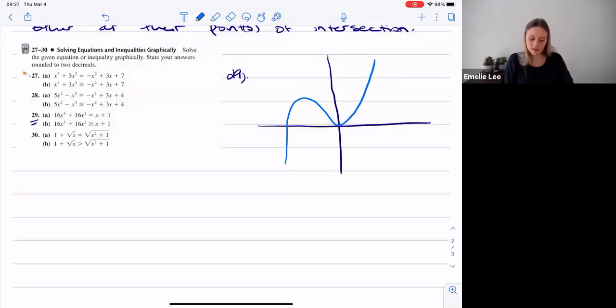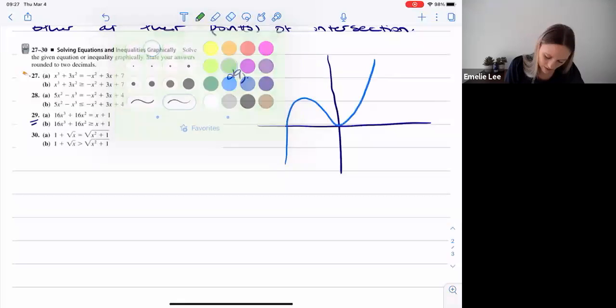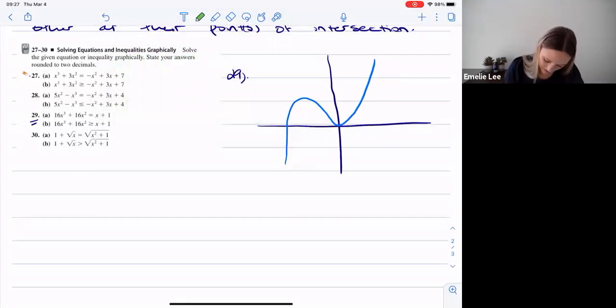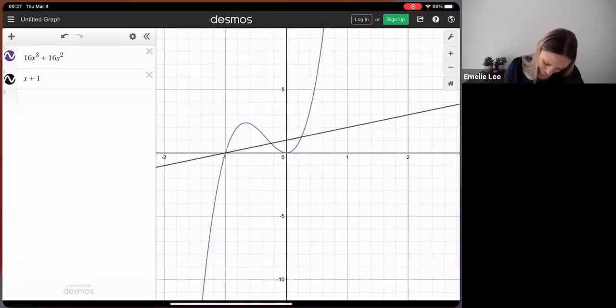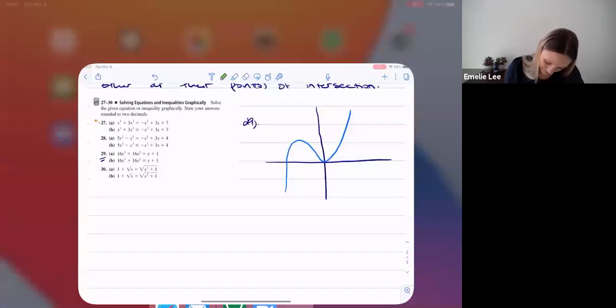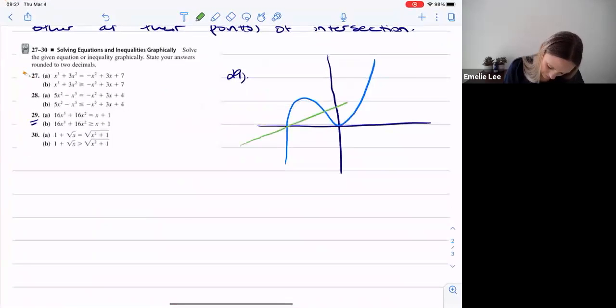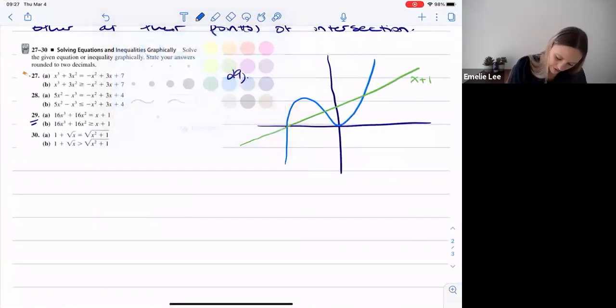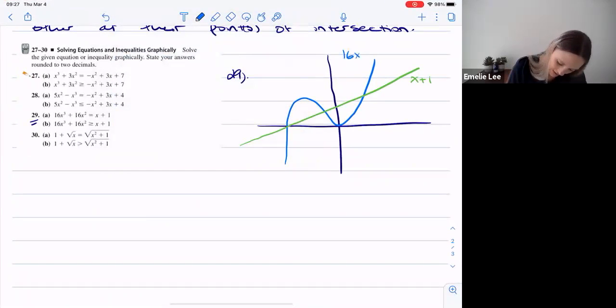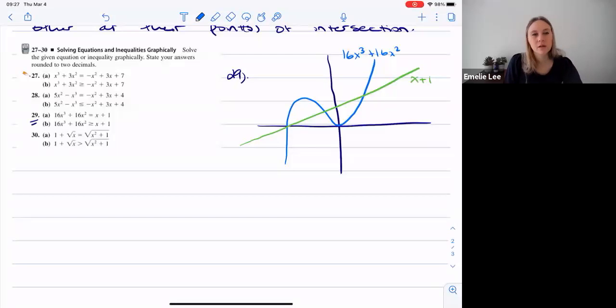Something like that. So here, I've got x plus 1 in green, and then in blue, I've got 16x to the 3 plus 16x squared.